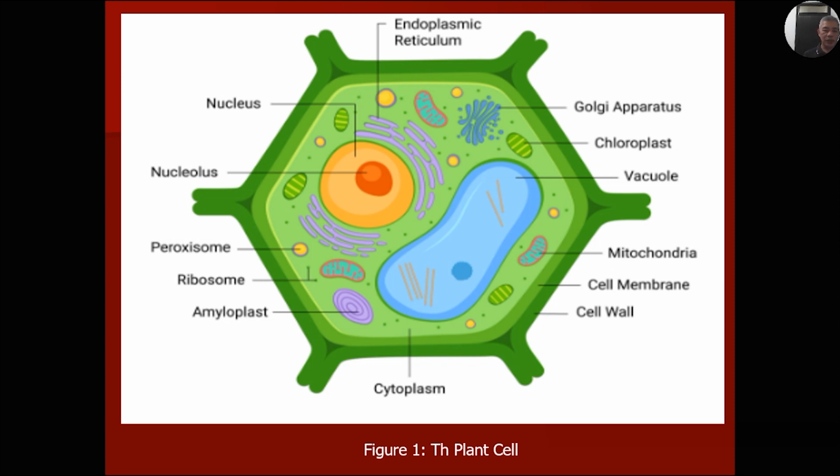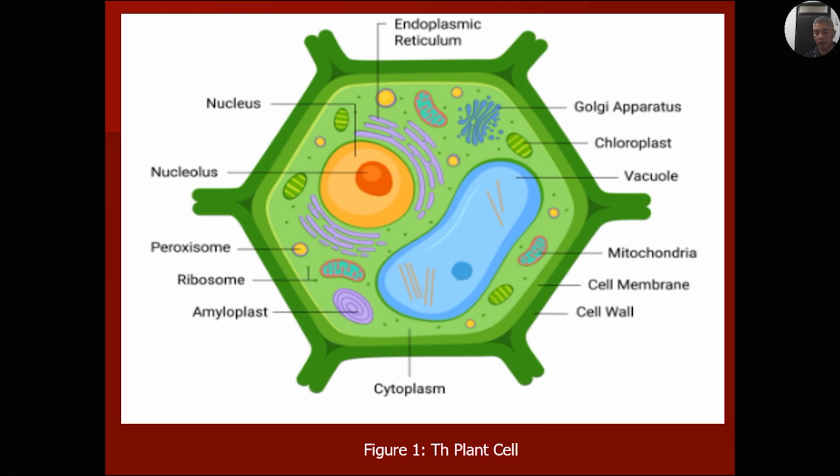We have also the peroxisome. This is responsible for carrying out oxidative reactions using molecular oxygen. We have the vacuoles here. The vacuole actually occupies around 30% of the cell's volume in an immature cell.